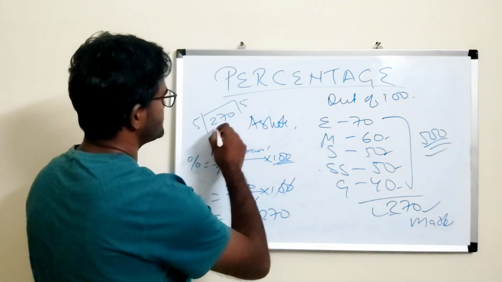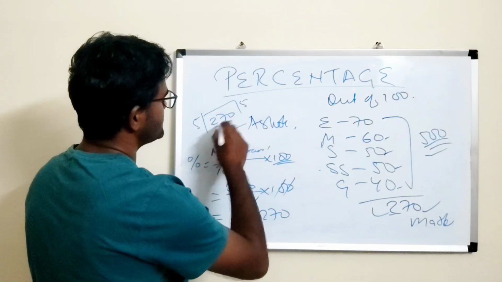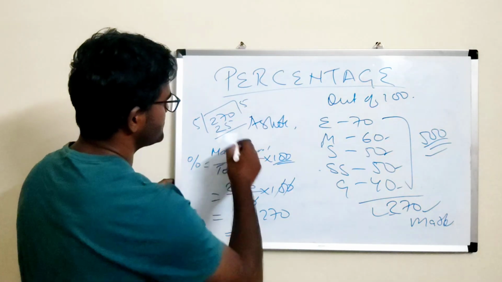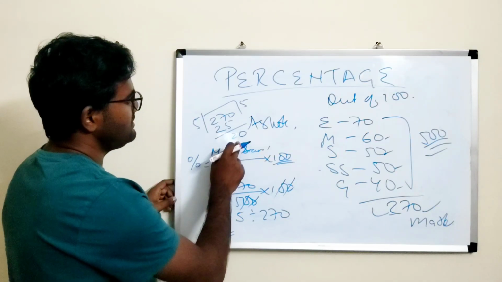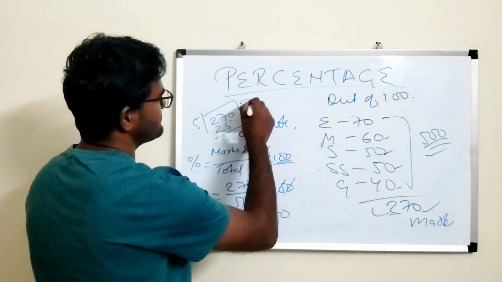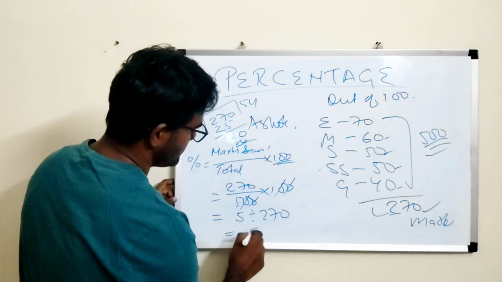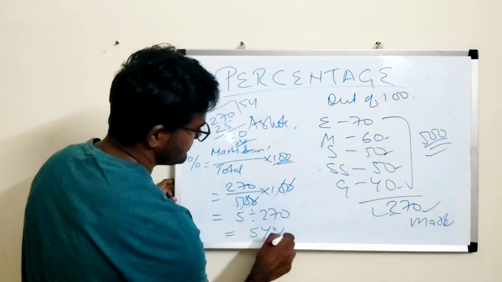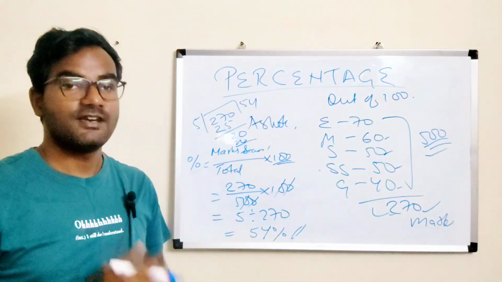So 5 into 5 is what? 25, right? So here you get 20. Again, 5 into what will we get 20? 5 into 4 is 20, right? So I have got 54% in my SSLC examination, right?